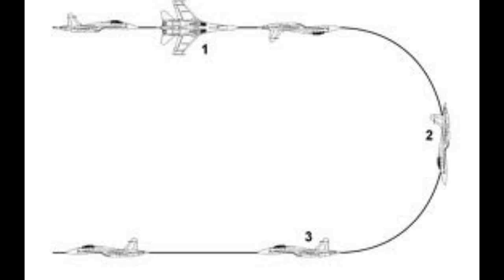He's moving your way, you are moving his way. Instead, if you let him pass underneath you and you pull out a split S, what you are doing is dropping on his rear quarter, and you'll have a much longer time to fire away and to get a proper kill. So yeah, as you can see, this can be used both defensively and offensively.